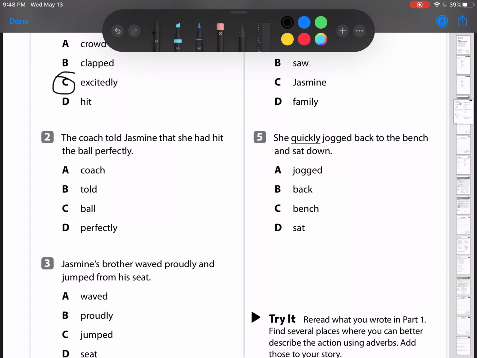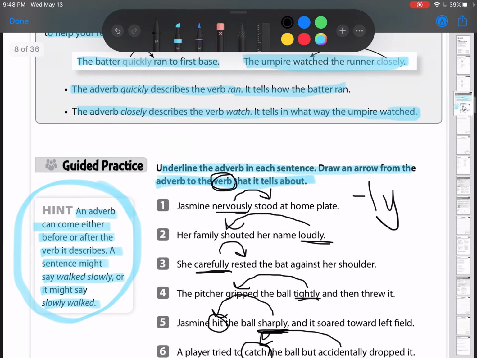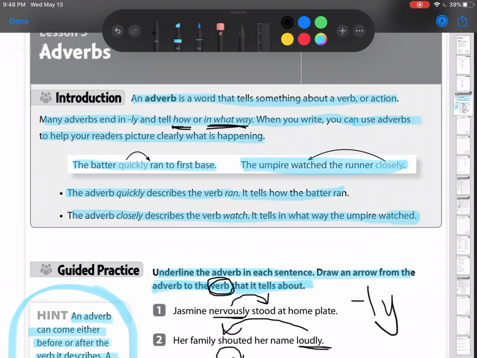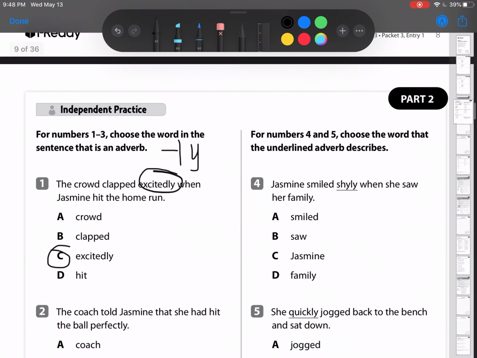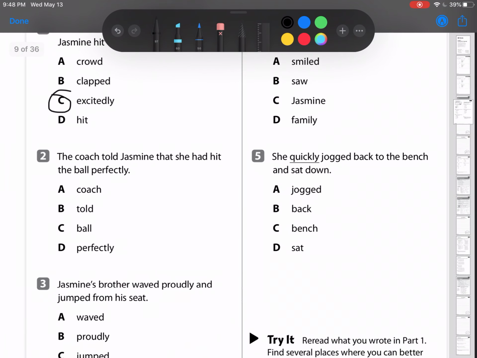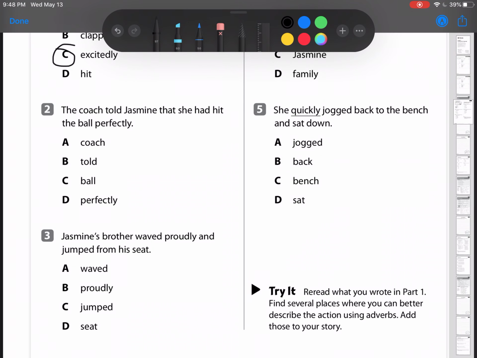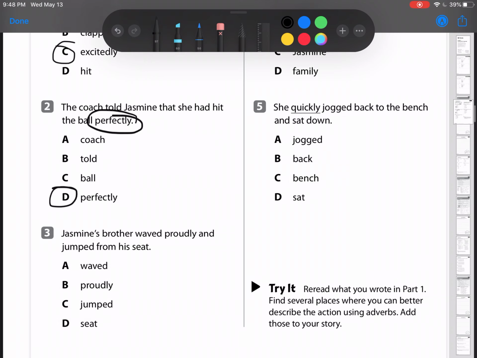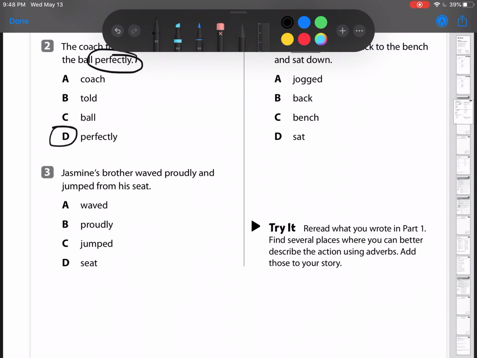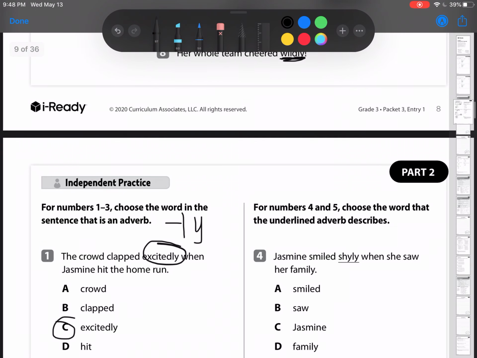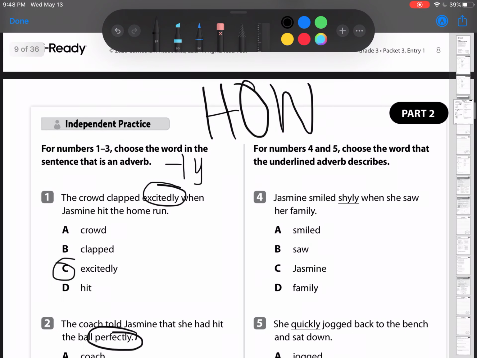So remember, our adverbs answer the question how or in what way. So, how did she hit the ball? Perfectly. Jasmine's brother proudly waved and jumped from his seat. How did he wave? Proudly. Remember, they answer how.